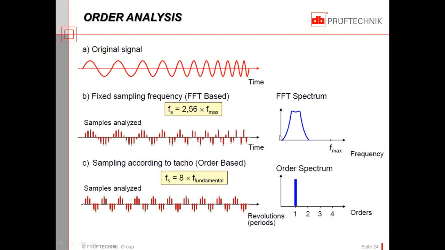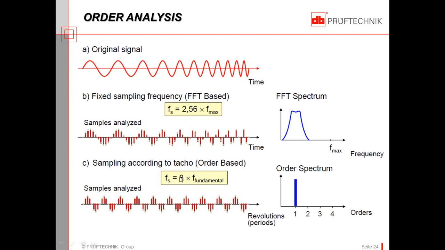So what we do is we then configure a tachometer signal and derive the sampling frequency as a multiple of that tachometer signal. In this illustration, we're looking at 8, and that's the number of orders that the user wants to measure.